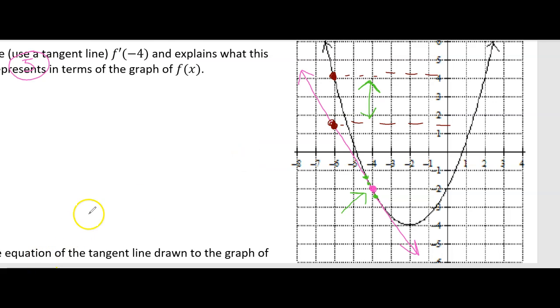Okay, I am going to zoom back out for us, and we'll write down our thoughts to number 4.